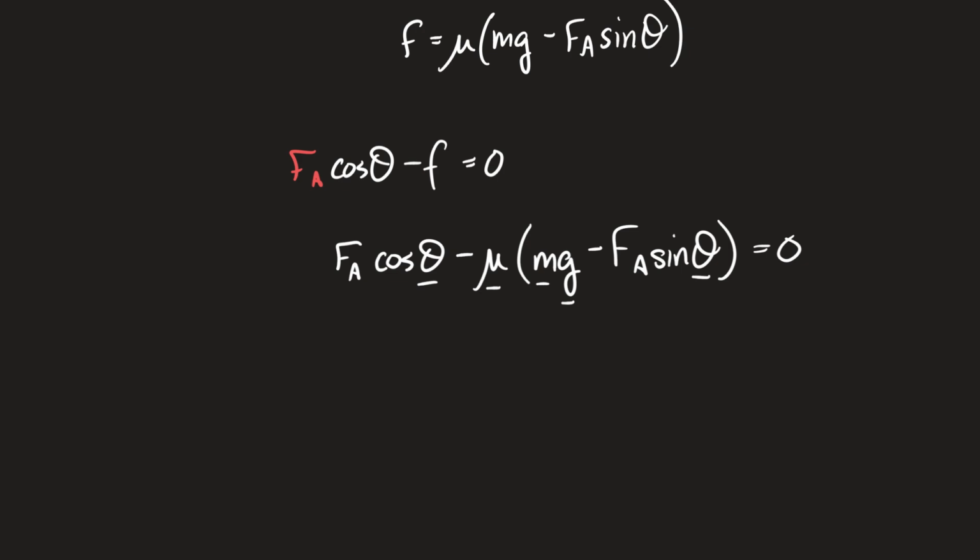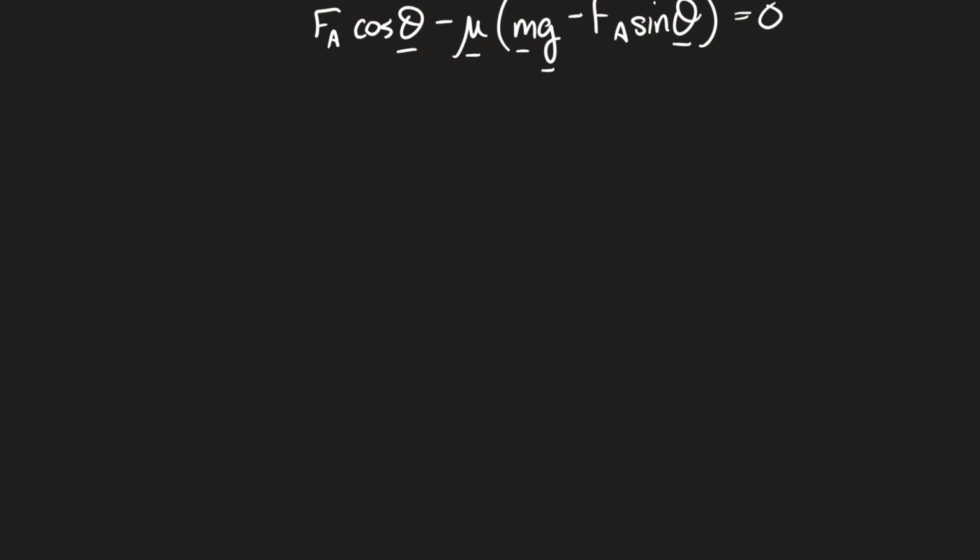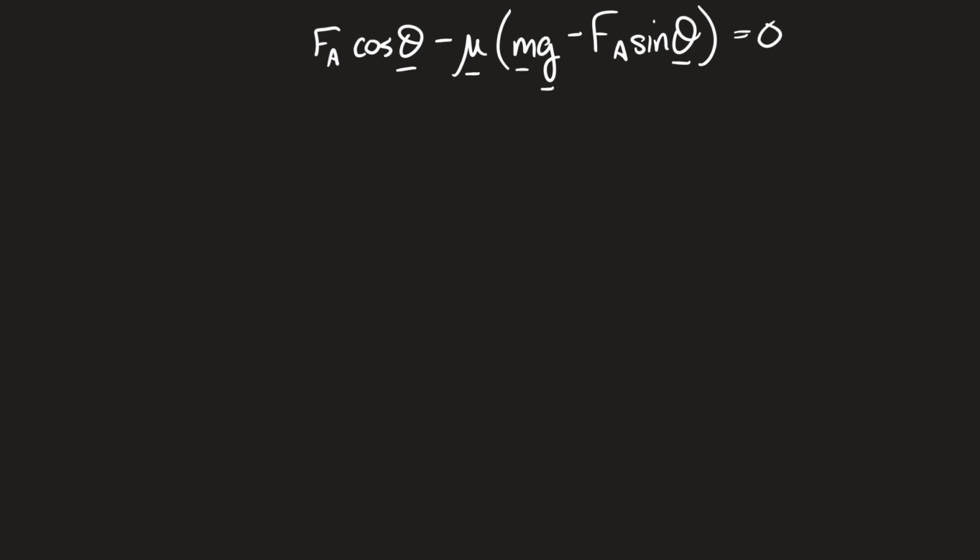The analysis part's tough on its own. So I need to solve this for FA. Some of you can't do that. That was clear. You're okay up to this point, but you couldn't get FA isolated. So to isolate it, we need to get terms that have FA on the same side of the equation.